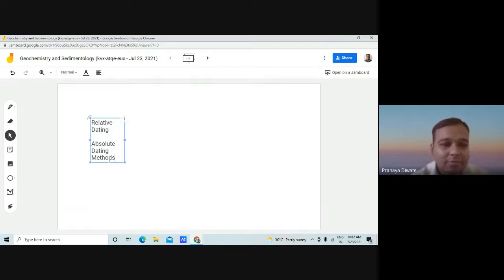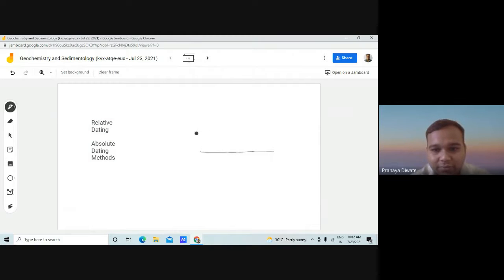For example, you have this sedimentation. This is an A unit, and this is a B unit.